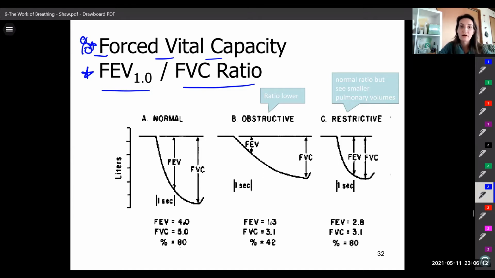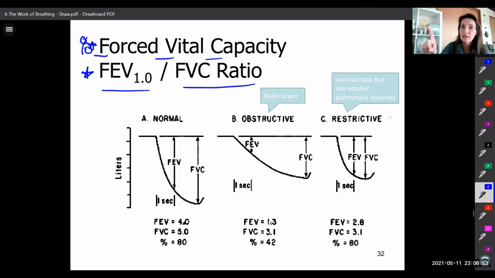So what we're asking here is, when you take your forced inspiratory reserve volume, when you take in as much air as you can take in on top of a normal inspiration, and then you forcibly exhale as much and as quickly as possible, how much air do you exhale in the first second? The FEV is the forced expiratory volume in the first second.